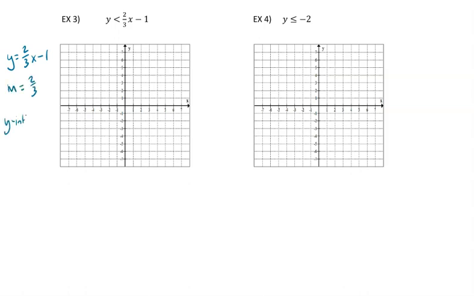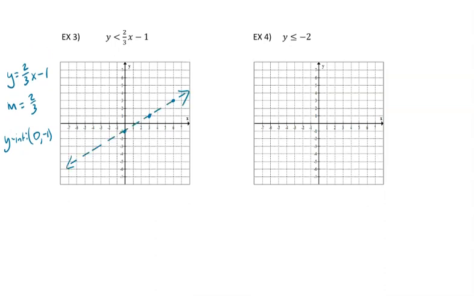Our y-intercept is 0, negative 1. So we're going to start at 0, negative 1. Then we're going to go up 2 over 3, put a point, do that a couple times, and then we are going to go ahead and draw the dashed line through it.